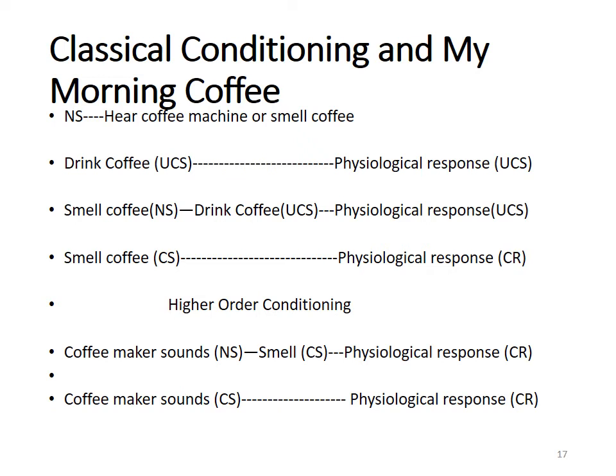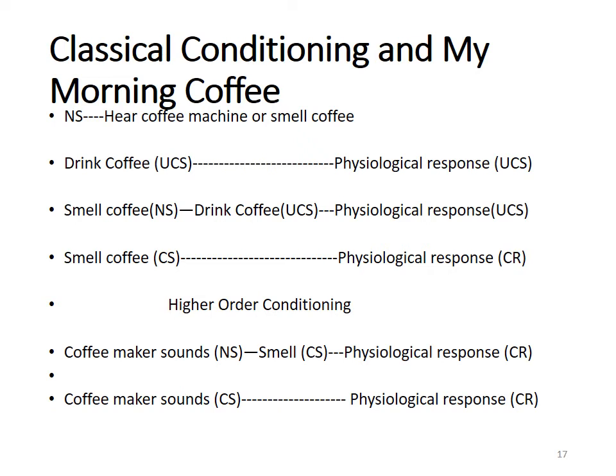And then pretty soon, the smell of the coffee becomes a conditioned stimulus. So now when I just smell the coffee, my body starts preparing to have that caffeine. So I have a physiological response from the smell of the coffee alone.